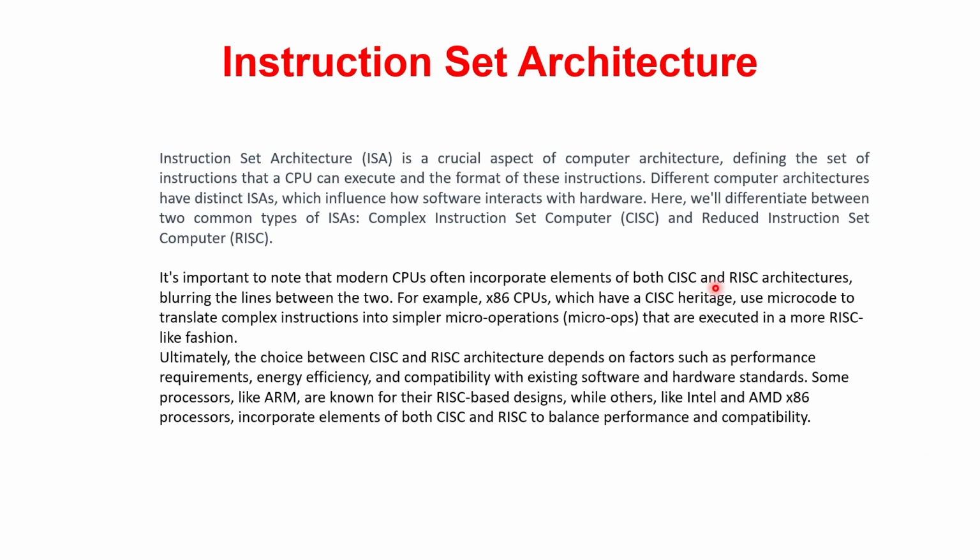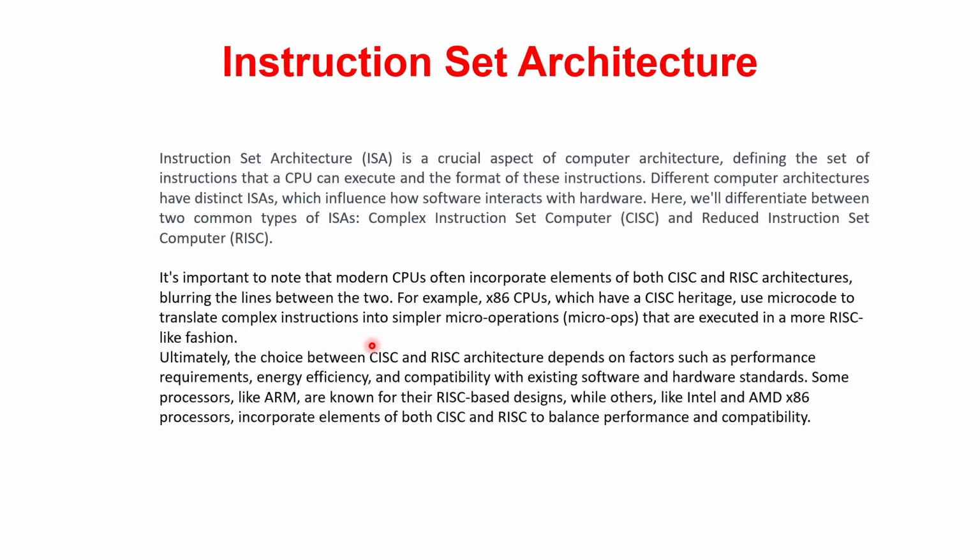CISC is the first one, and CISC stands for Complex Instruction Set Computer. CISC architectures have many instructions, including complex ones that can perform multiple operations in a single instruction. This can make assembly programming easier but requires more complex hardware.